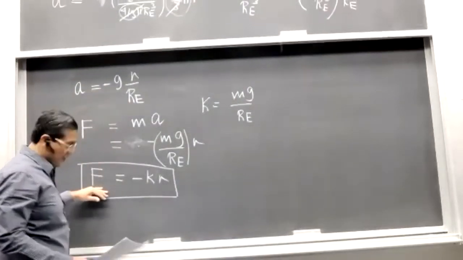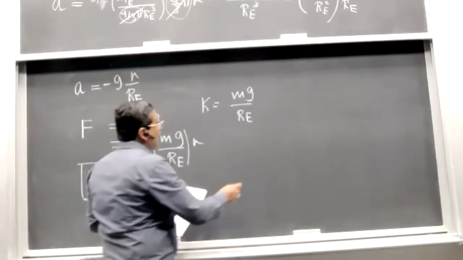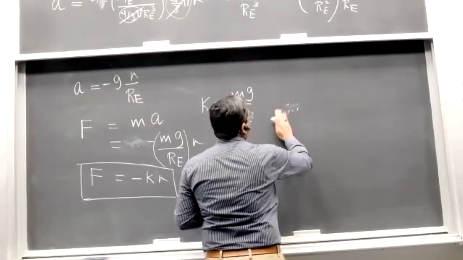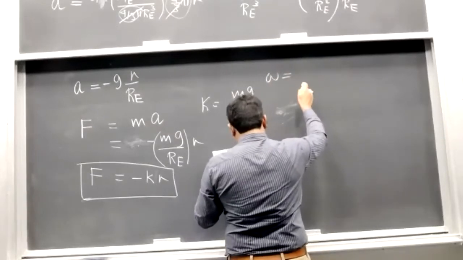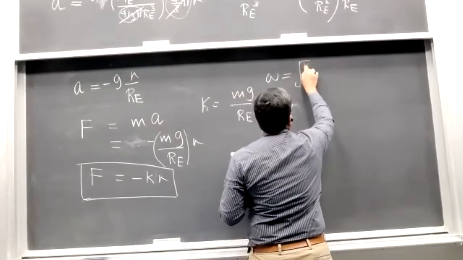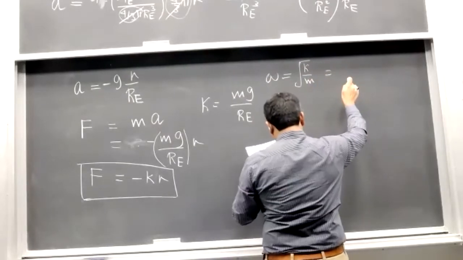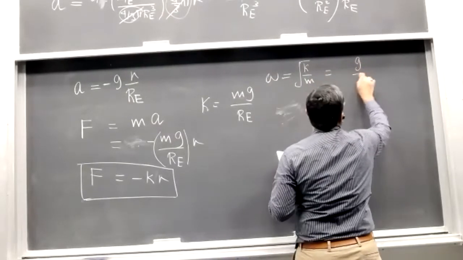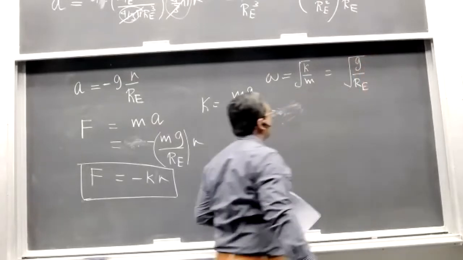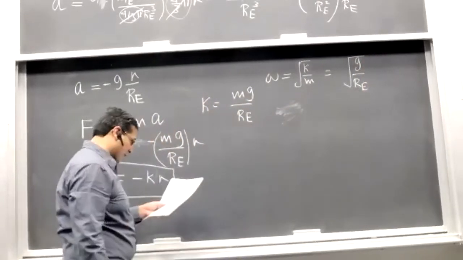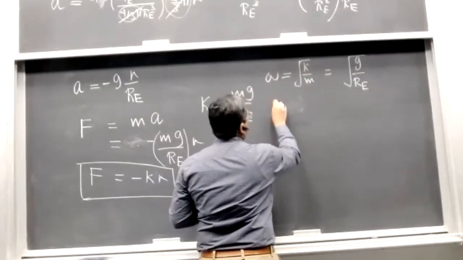So you can solve the rest of the equation. I'll just paste some important quantities here. For example, the frequency of that oscillation: you can calculate K over M, and it turns out to be g over R_E. Okay, that would be the frequency of oscillation. What about the period of oscillation? How long would you take?